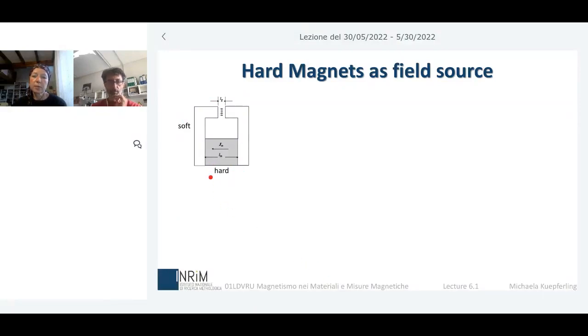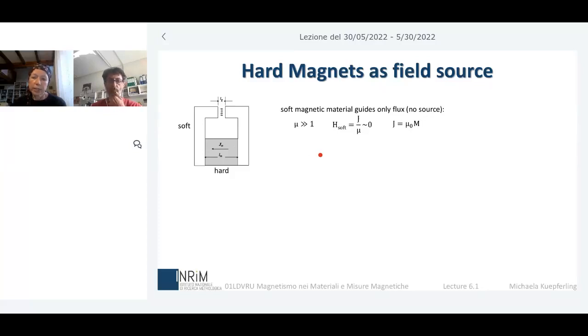Here you have a plot of a magnetic circuit where the magnetic material is used as a field source, and then it's transported by an ideal soft magnetic material to the region where you want to exploit this magnetic field produced by the hard magnet. And here is plotted a gap in this soft magnetic yoke.